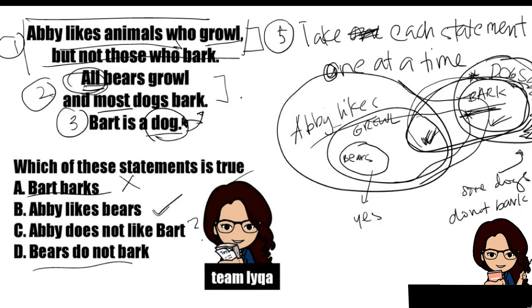And it's not stated here na all bears only growl or all bears do not bark. Kung nakalagay itong all bears do not bark, then this would be true. But it's not stated here. So may possibility na nagbabark din siya. Okay? So the best answer would be letter B.